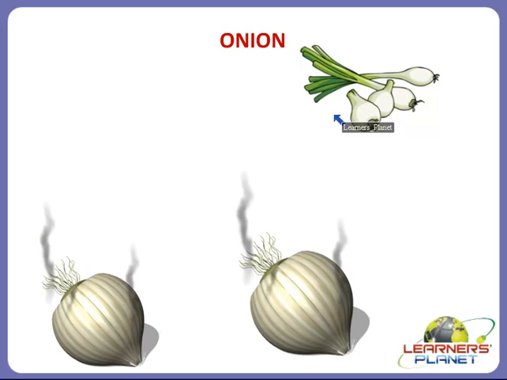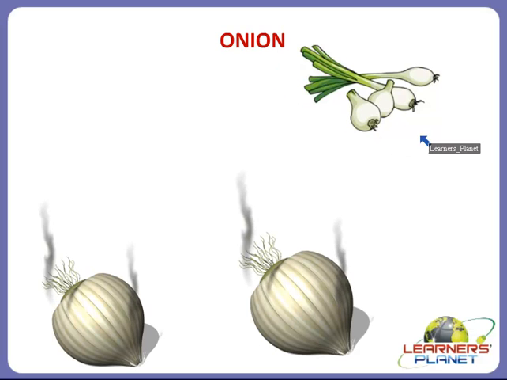So onion is also used in our food as a vegetable, right? You can see the leaves, right? It is also a special kind of stem and it grows leaves if we plant one of them in the ground, right? So onion is also a type of plant that grows from the stems.